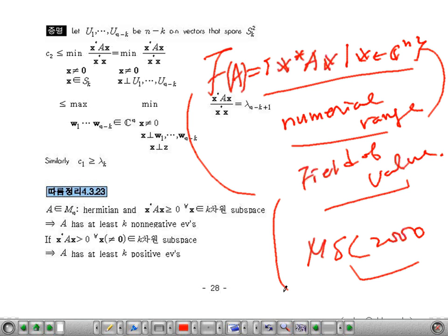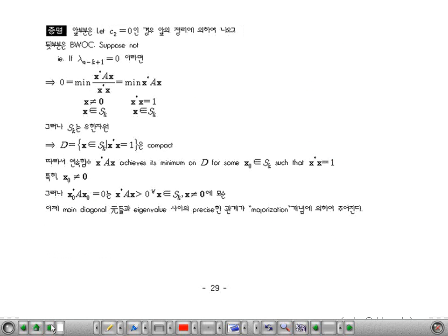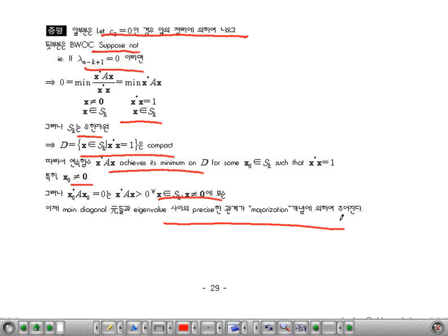This is a very popular research area in numerical linear algebra, which is widely used in the application of matrix theory. Okay, next. The proofs are very much straightforward, as you can just read it.